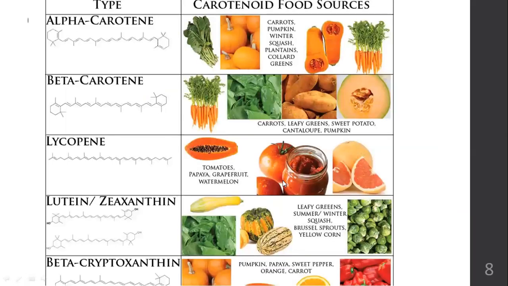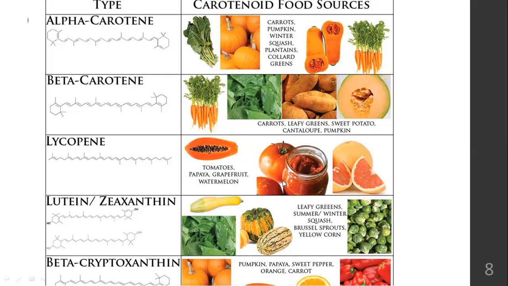Coming to carotenoids. Carotenoids are the form of vitamin A from plant-based sources. Carotenoids come in different forms: alpha carotene, beta carotene, lycopene, lutein, zeaxanthin, beta cryptoxanthin.